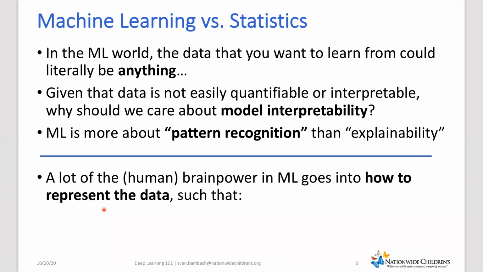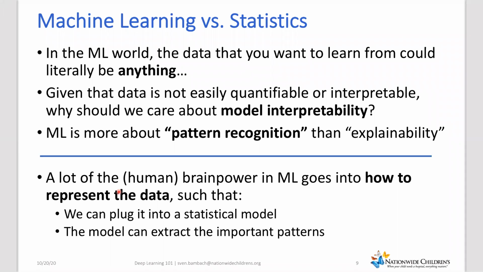The important part, why I emphasize this, is that maybe in comparison to most statistics and statistical problems, the human brain power in machine learning goes not as much into the modeling, but more into how to even represent the data, right? If we have a sound wave, what do I even have to do such that I can plug that sound wave into a statistical model, right? Because I cannot plug air into a model.